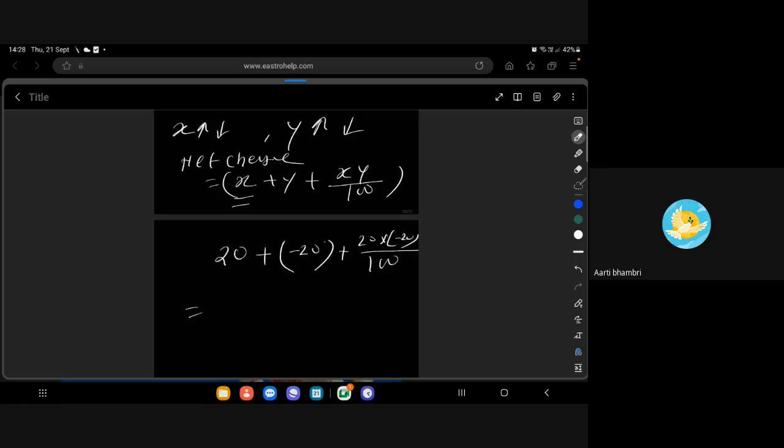So 20 minus 20 will get cancelled, and you will have minus 400 by 100. So only minus 4 will be left. So minus sign means there is a decrease. 4 is the decrease. If there is a plus sign, it would have indicated an increase. And if there is a minus sign, there is a decrease. So net change is minus 4%. This is another method.